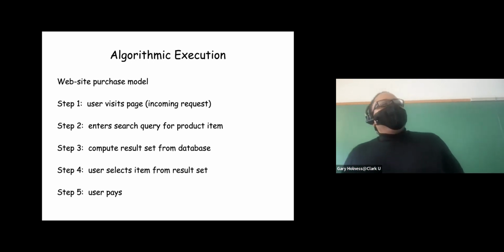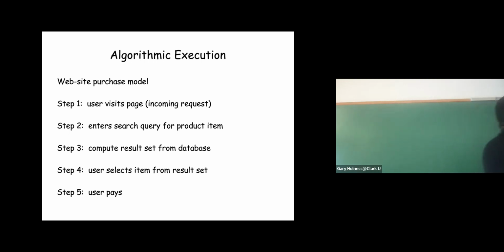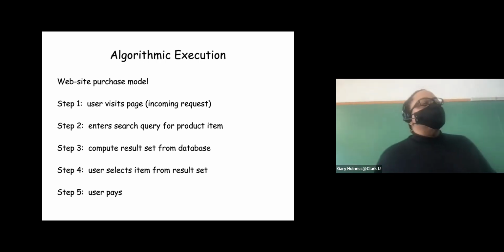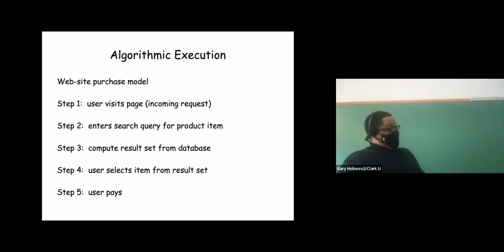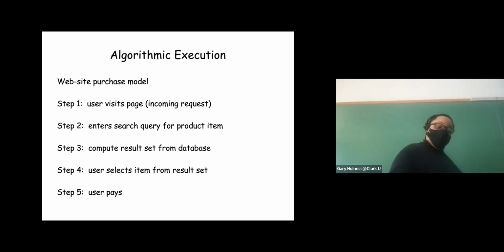But anyways, so you enter a search query for your Xbox, and you hit enter, and that takes some time, right? So you compute a result set, that request. It's a client-server architecture. It goes to the server, it looks it up in the database, and it computes a result set from that database. It grabs those things that match the text Xbox from this large database on the file system. That takes time. That's an exponential.